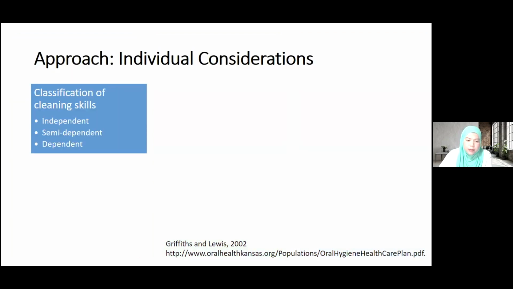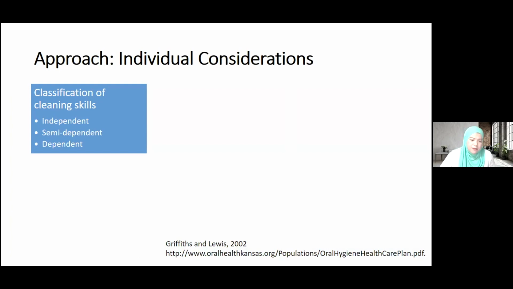First of all, we look into the individual considerations. First, to check how much support the patient needs in performing oral care. Can they brush without any assistance? Can they effectively brush with supervision, with reminders, prompting, or timing?